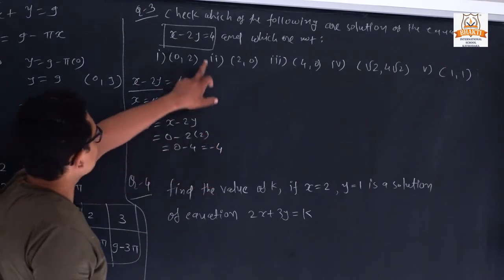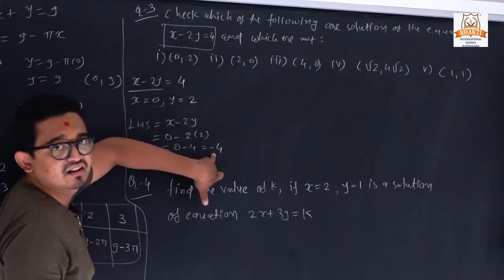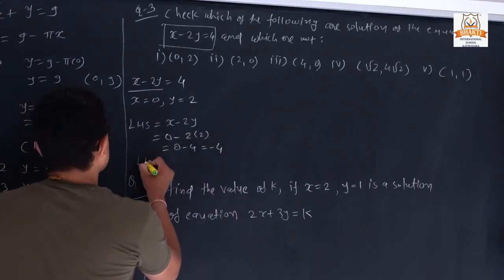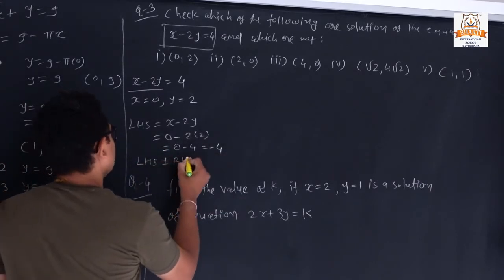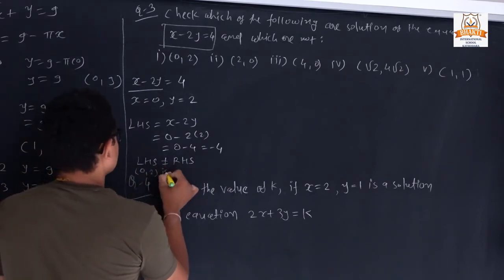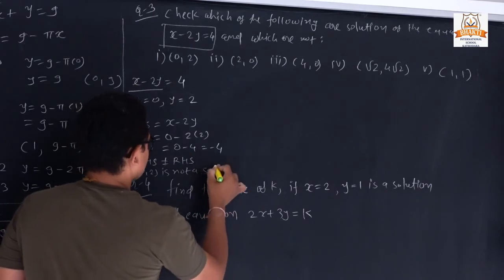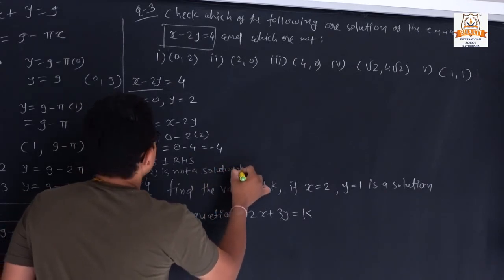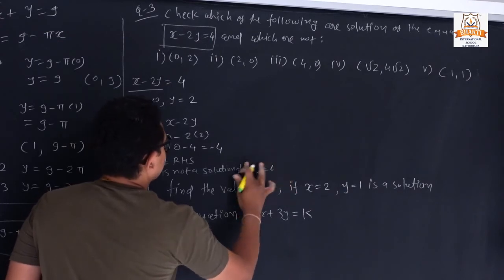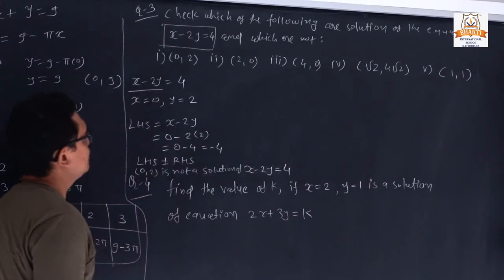It is not matched with our right hand side because here we have a plus 4 and here we have a minus 4. So LHS is not equal to RHS. So we can say that 0 comma 2 is not a solution of x minus 2y is equal to 4.